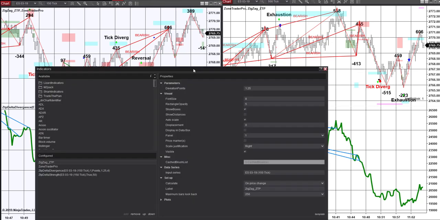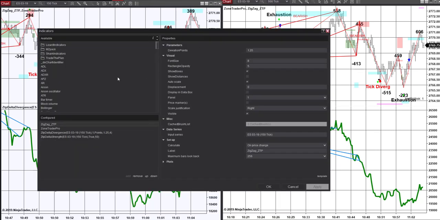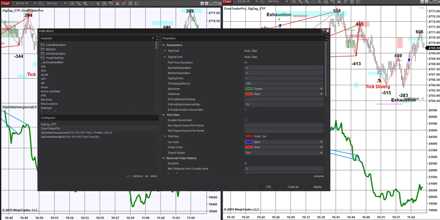So to set that up on the 150 tick chart, first we have the zigzag ZTP indicator, and that needs to show a deviation points of 1.25. We have the ZoneTrader Pro indicator, which needs to show the zigzag ticks of 5.